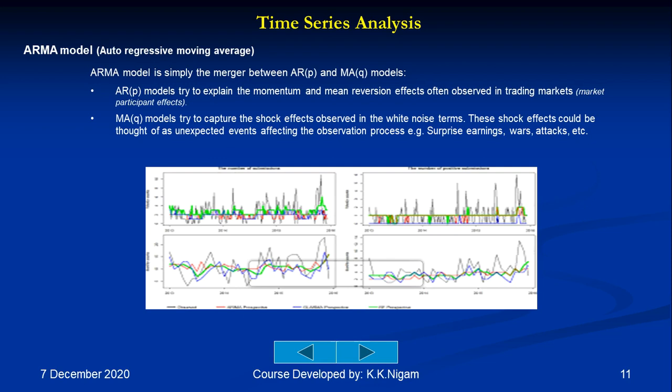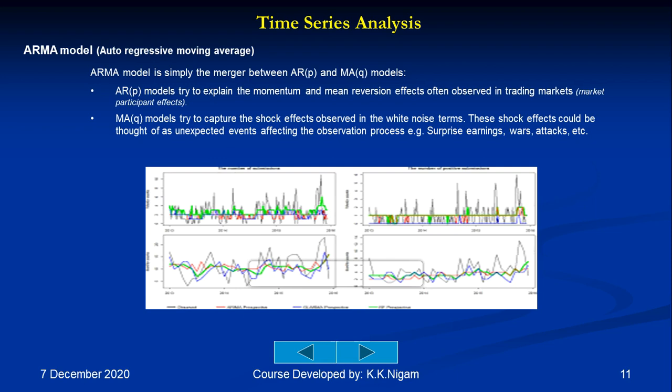AR models try to explain the momentum and mean reversion effects often observed in trading markets, market participant effects. MA, or moving average, models, denoted by q, try to capture the shock effects observed in the white noise terms.